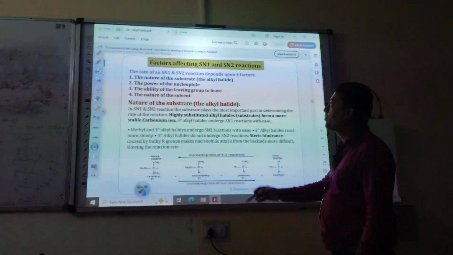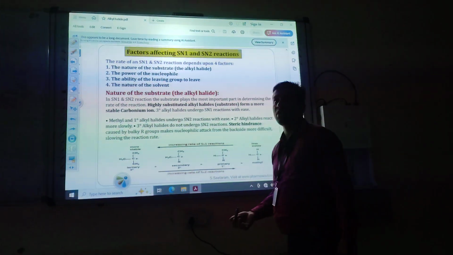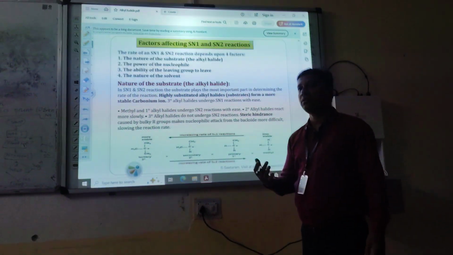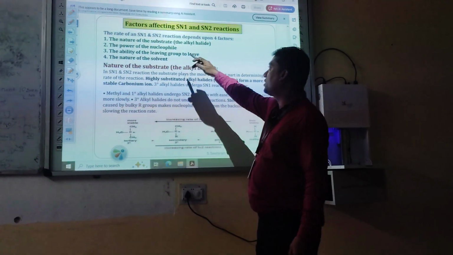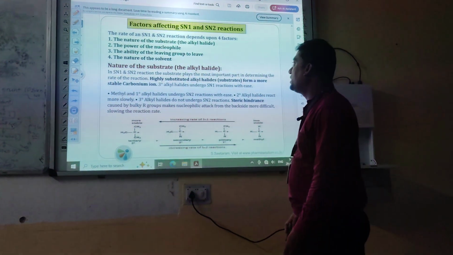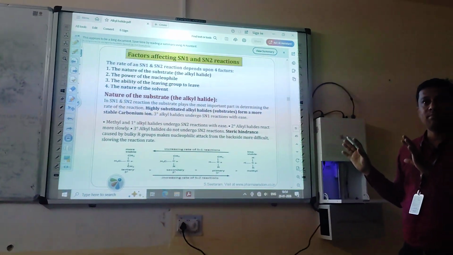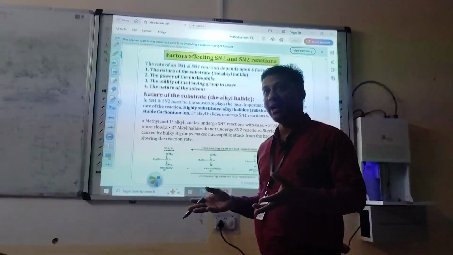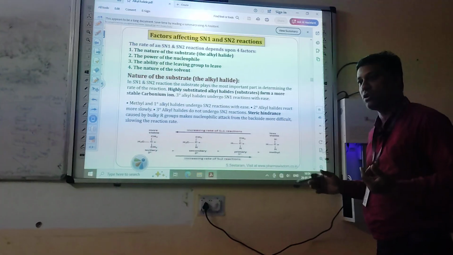Then the power of the nucleophile. The nucleophile is strong or weak, or the concentration is more or less. Then the ability of the leaving group to leave. In both SN1 and SN2 reaction, the leaving group is a halide, that may be bromide, chloride, or iodide.